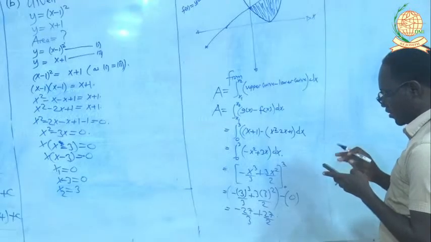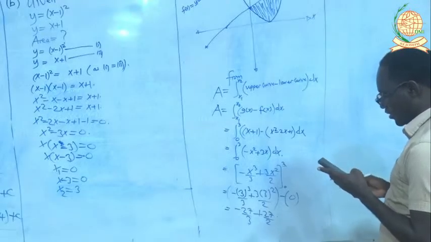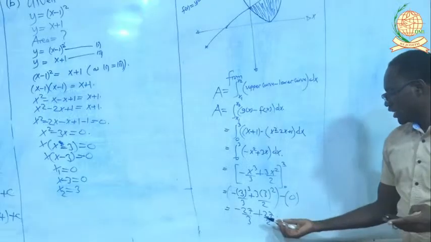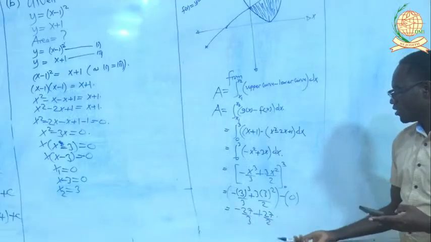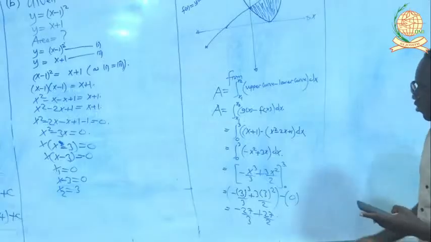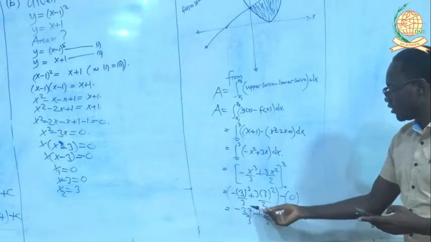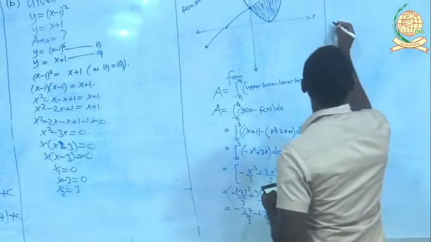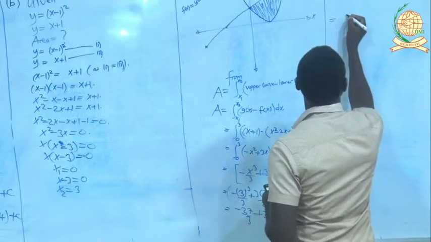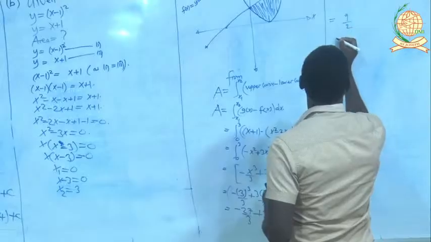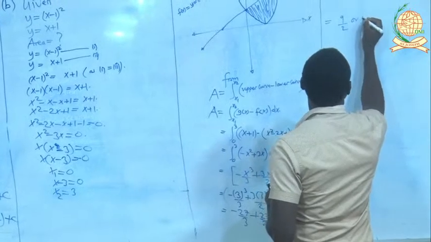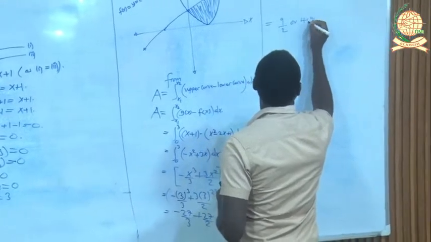If you take negative 27 over 3 plus 27 over 2, or 27 over 2 minus 27 over 3, then you will get this value here. It is 9 over 2, or 4.5.